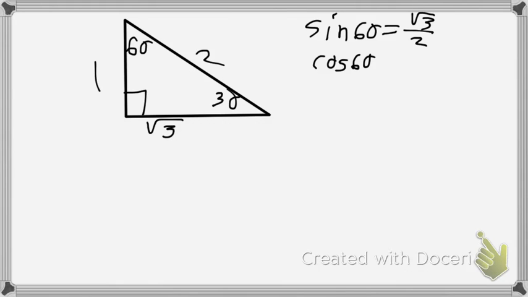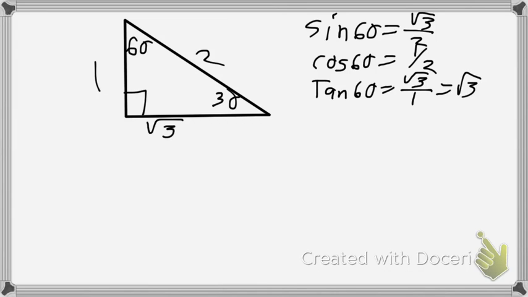Simple enough. Cosine of 60, adjacent, 1, over the hypotenuse, 2. And finally, tangent of 60 is going to be the opposite, square root of 3, over the adjacent, which is 1, and that just reduces to the square root of 3.